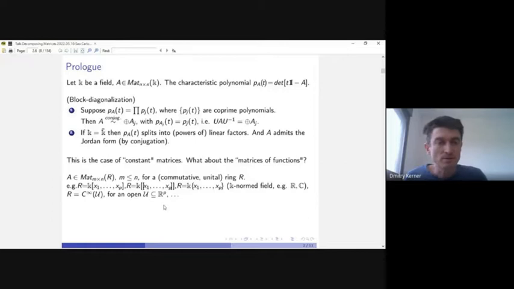Now, the main rings which are probably of interest for you are, say, the ring of polynomials, or the ring of formal power series, or maybe a ring of locally convergent power series. Here K is an ordered field, for example, real or complex numbers. Or maybe the ring of C-infinity functions on some open subset of R^p, and many other rings. And we consider matrices with entries in such rings.